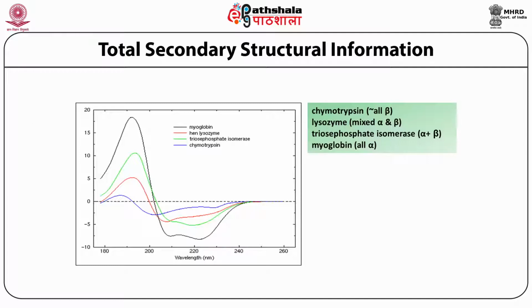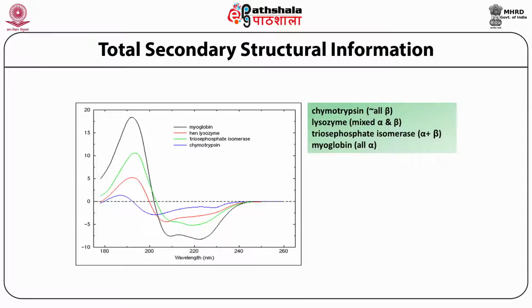You can see here typical spectra of myoglobin, hen lysozyme, triose phosphate isomerase in green, and chymotrypsin. Chymotrypsin is an all-beta protein, so in blue you can see it has a particular type of spectrum. But lysozyme is a mixed alpha and beta protein, and in pink you can see a different type of spectrum.